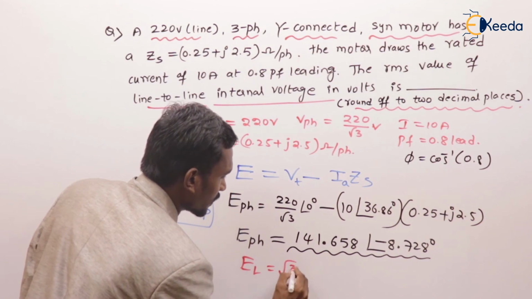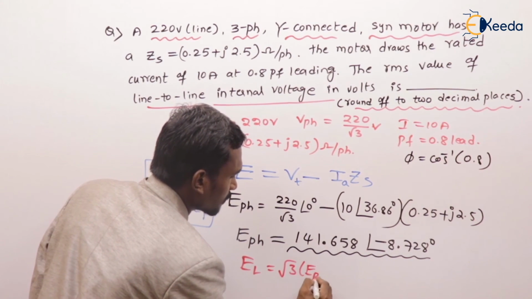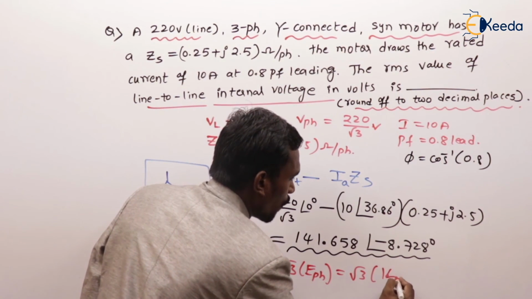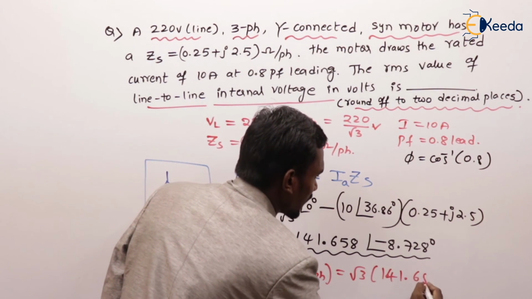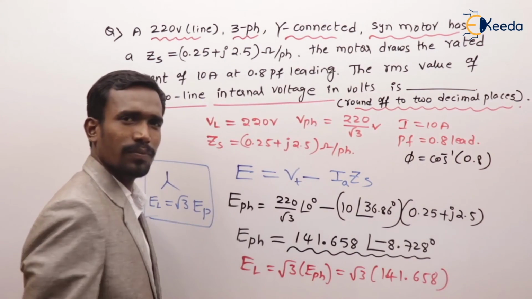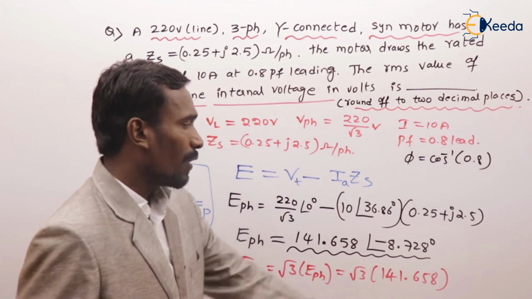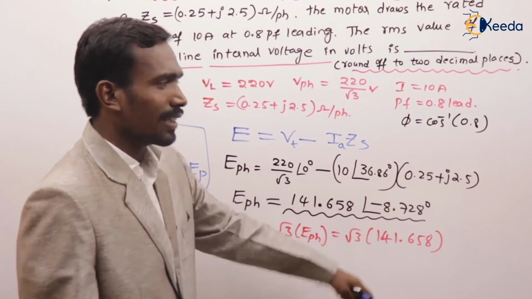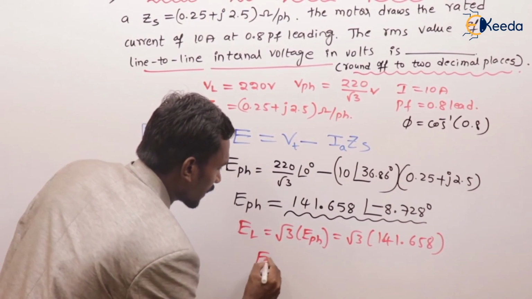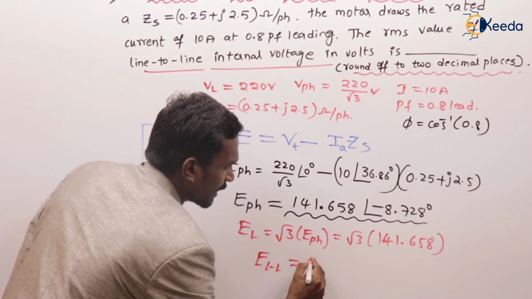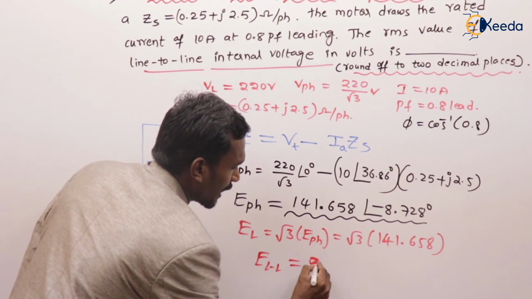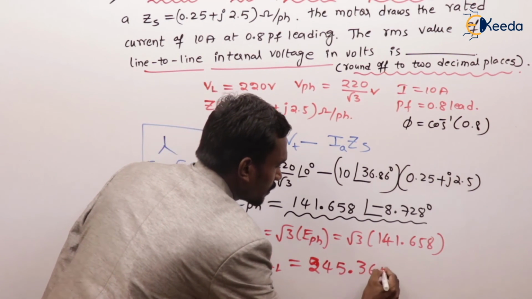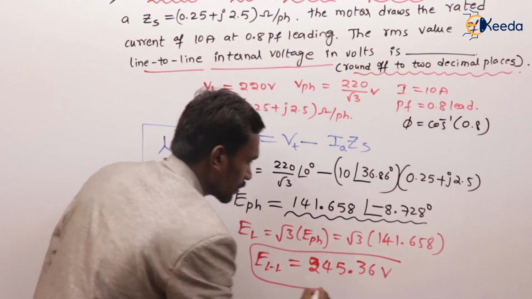Line voltage is equal to root 3 times the phase voltage, nothing but root 3 into 141.658. Now if you calculate this value, you can get the line to line voltage, 245.36 volts.